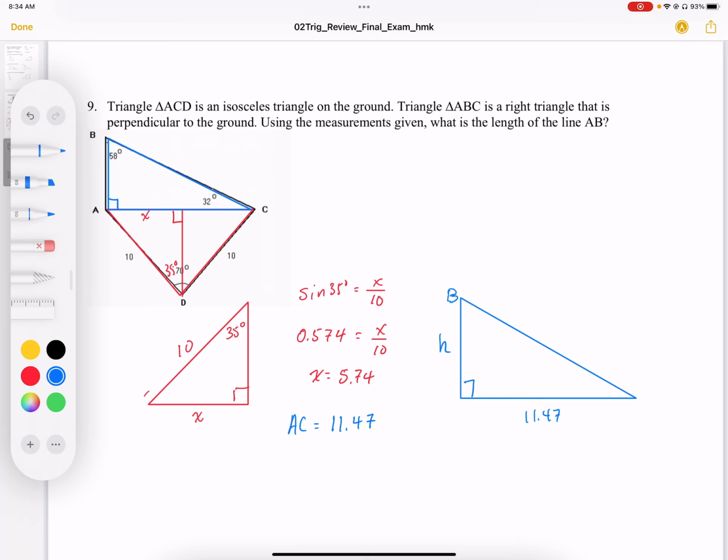So that's B, and A, that's C, and then we're going to use tan, and we'll use 32 degrees. So we can say that tan of 32 degrees is equal to the height over 11.47.